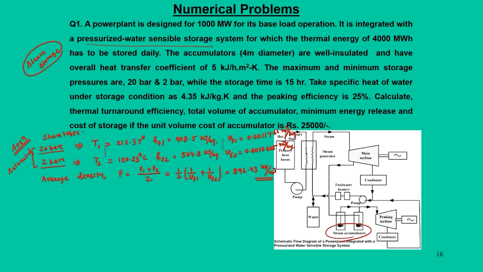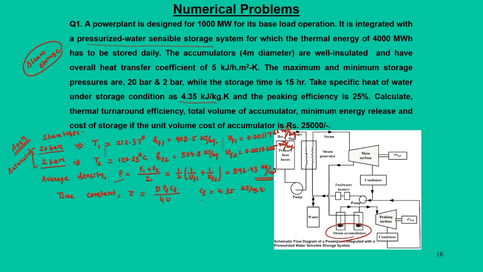Now, then we can find out the time constant. We recall this time constant expression tau as d times rho f Cf divided by 4U. So, rho f we got it, Cf, like for water this specific heat is 4.35 kilojoule per kg Kelvin.